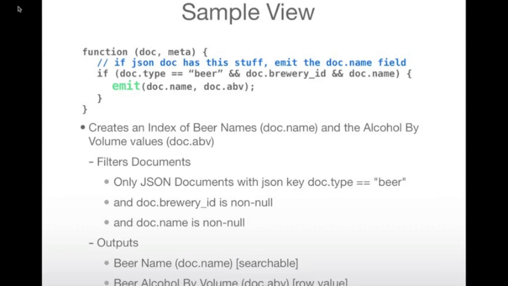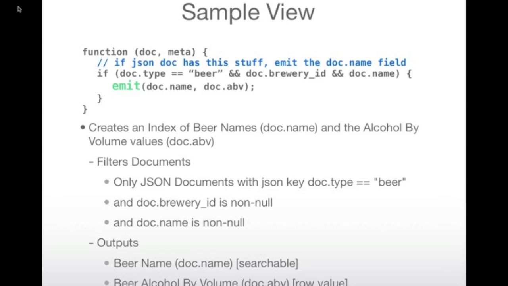So here's a sample MapReduce map function. It's written in JavaScript, and it's very simple. The document is being passed, and the metadata is being passed, for every single CRUD operation that creates or updates a document; it will pass through this map function. So it'll send the document itself and the metadata.